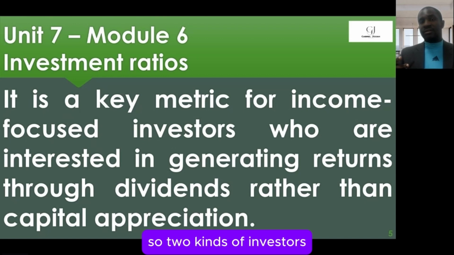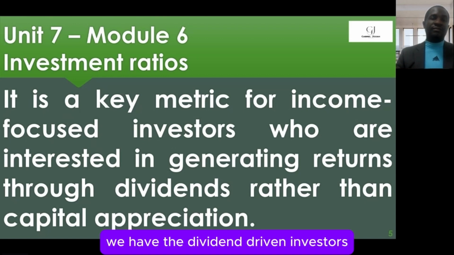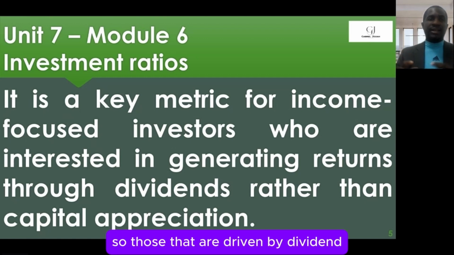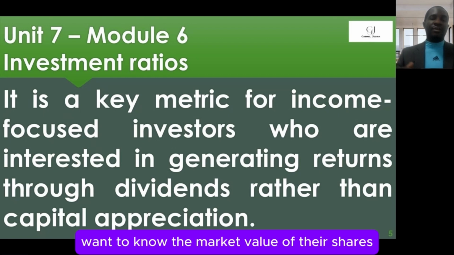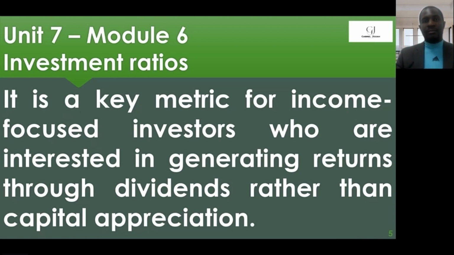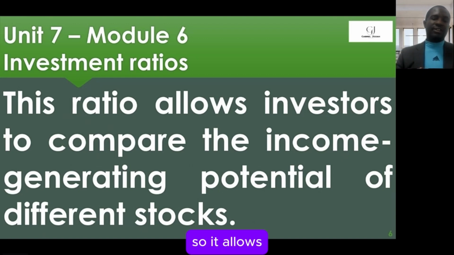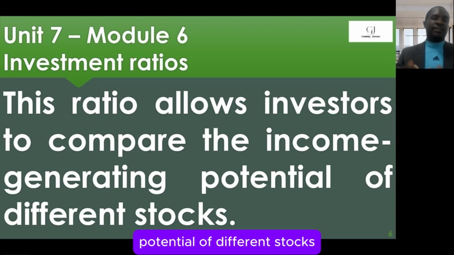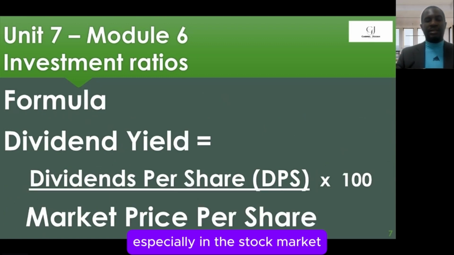So there are two kinds of investors: the dividend-driven investors and the capital appreciation-driven investors. Those driven by dividend want to know the market value of their shares and its appreciation over time. So it allows investors to compare the income-generating potential of different stocks, especially in the stock market.